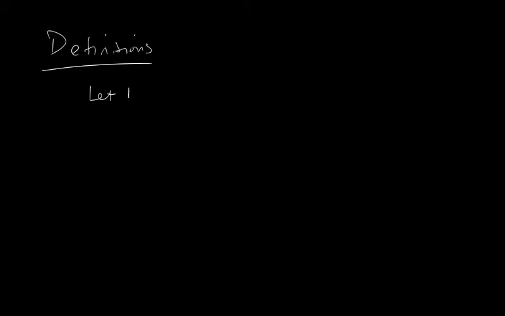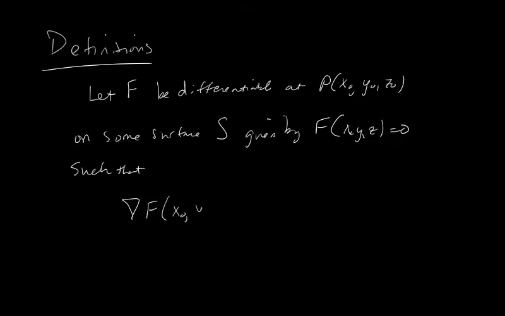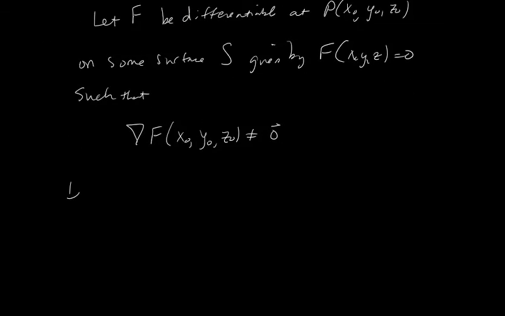We're going to let capital F be a differentiable function at the point P, which is x naught, y naught, z naught, on some surface S given by capital F of x, y, z equal to 0, such that the gradient of F at x naught, y naught, z naught is not equal to the 0 vector. Then, here we go, our definitions.